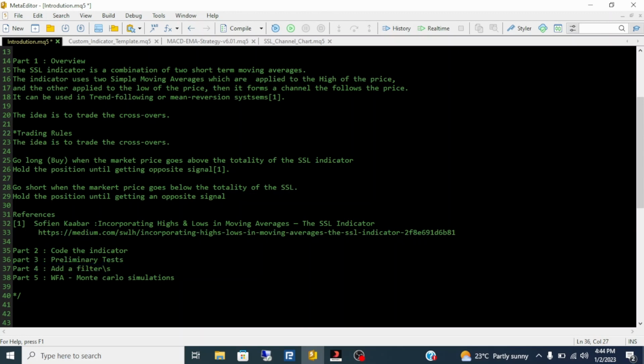And this is what we're trying to accomplish by becoming a quant, using scientific methods to verify your results, like walk forward analysis or Monte Carlo simulations. They help us determine the statistical significance of our test results, right?